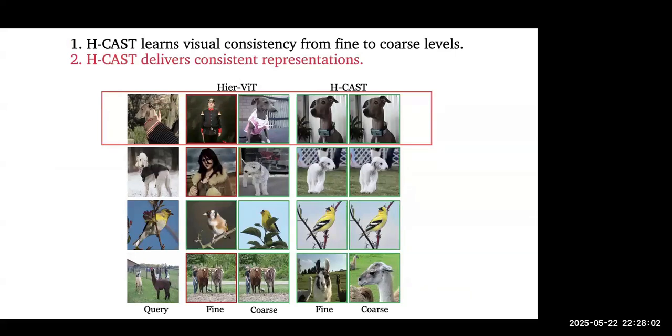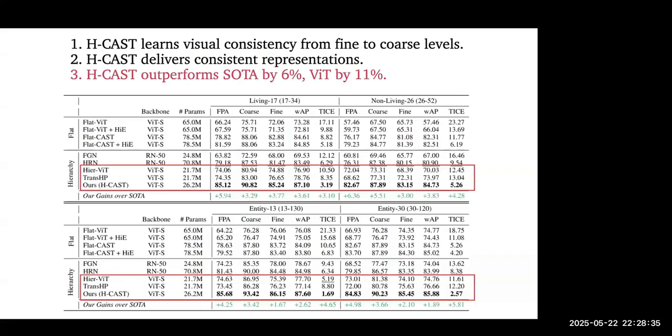You can see that at the finest level, for hierarchical ViT, the nearest neighbor according to the class token features is actually a person wearing a black uniform. Same thing with the person in the second row, the person with black hair. This calls into question, even when the baseline makes the right prediction, whether it's actually picking the wrong feature. It's like this black dog or some dog wearing a vest. It's not for the right reason. While with ours, you can see we have consistent feature retrievals.